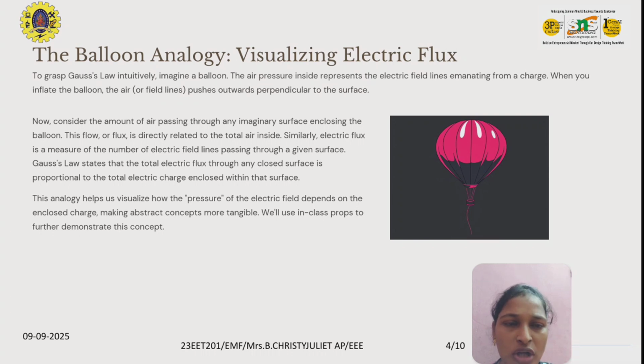Gauss law states that the electric flux through any closed surface is directly proportional to the charges enclosed within that surface. So this analogy gives a detailed correlation between how the pressure of the electric field depends on the charges enclosed.